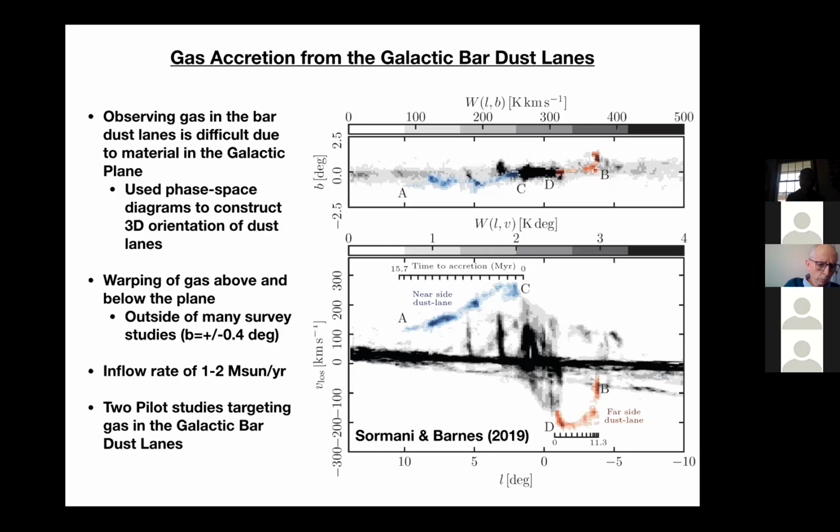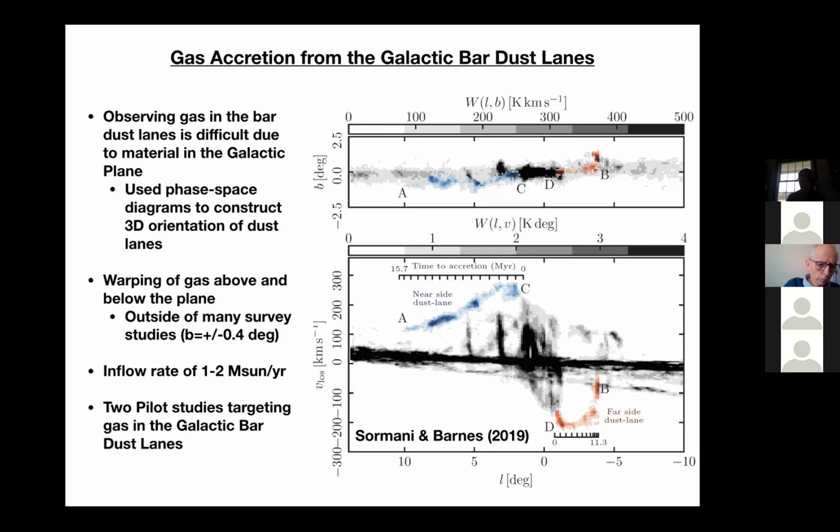The figure shown here is from Sormani and Barnes, 2019, where they looked at the gas in position velocity space. This is the lower panel here, where you can see the identification of the near side and far side of the galactic bar dust lanes as highlighted in blue and red respectively.